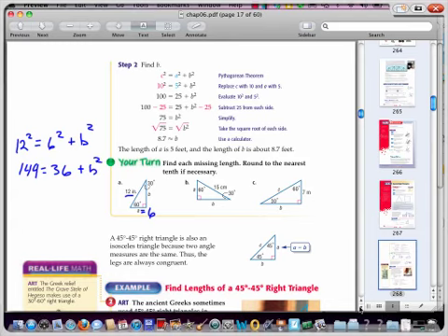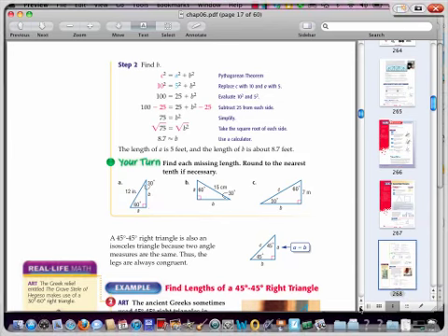And if we subtract that out, what do we get? 108 equals B squared. Take the square root of both sides. And if you punch 108 into the calculator, you get about 10.4, rounded off to the nearest tenth. Okay, so that is A.